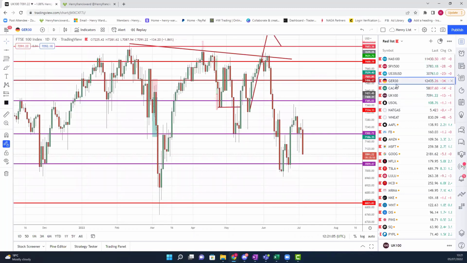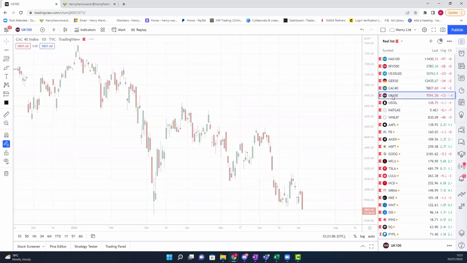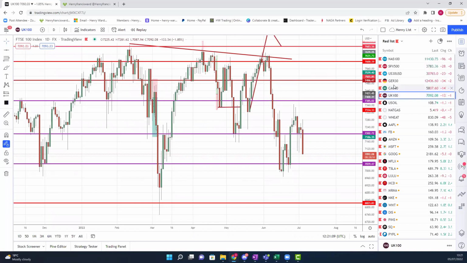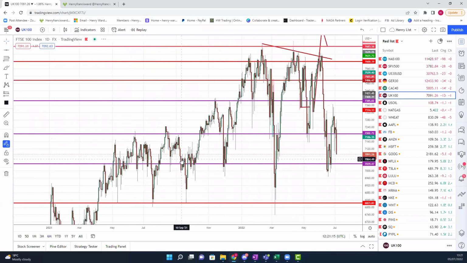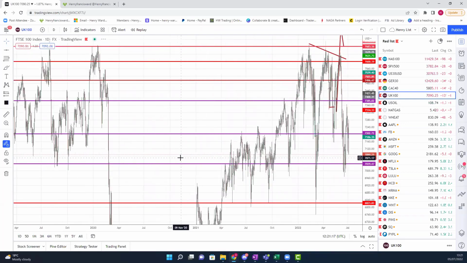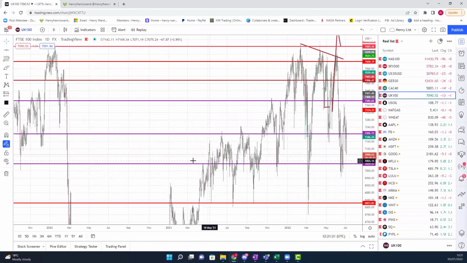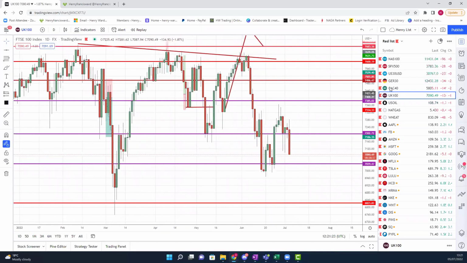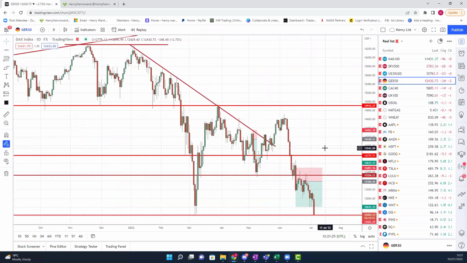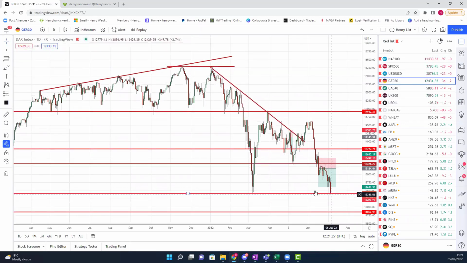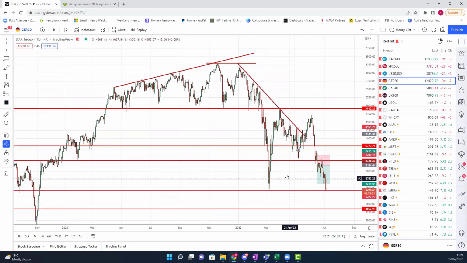So this is across all three of them. The UK 100 hasn't hit that purple line yet, and it's a pretty decent level through here. So we mightn't see a jump on that till the UK gets down to its level.